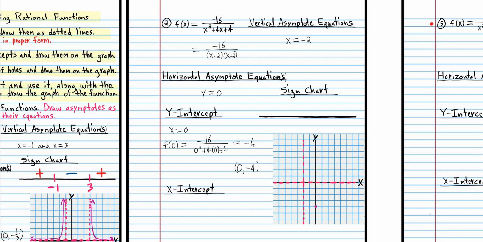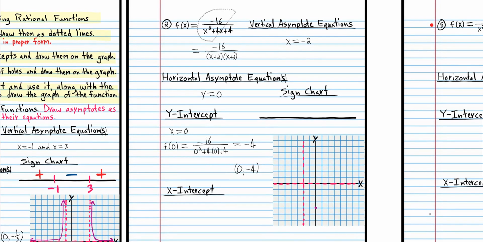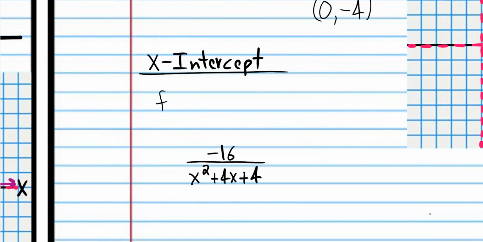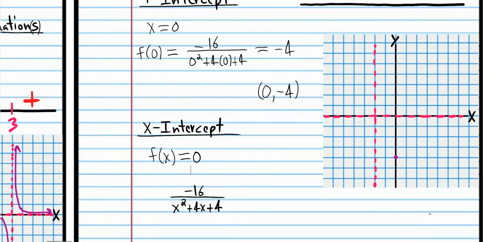And the x-intercept, well, just like in the previous problem, there is no x-intercept. There's no x value that would make the numerator equal to 0. We have to let f of x equal 0. F of x is the y value. Remember, to find the y-intercept, we let x be 0. To find the x-intercept, we let y be 0.